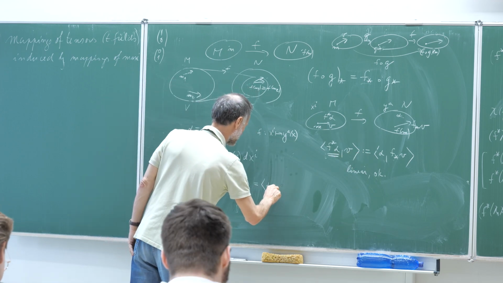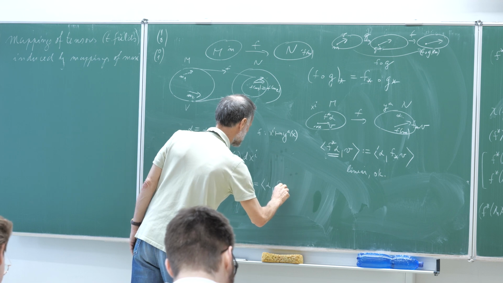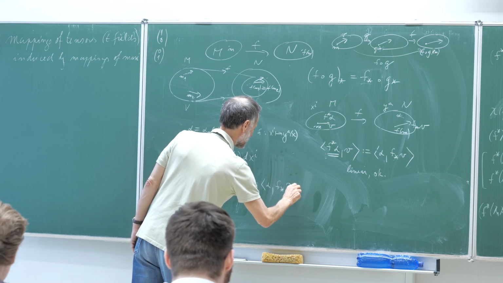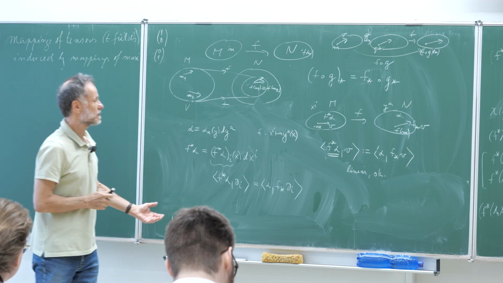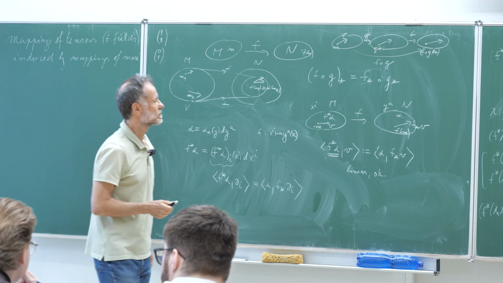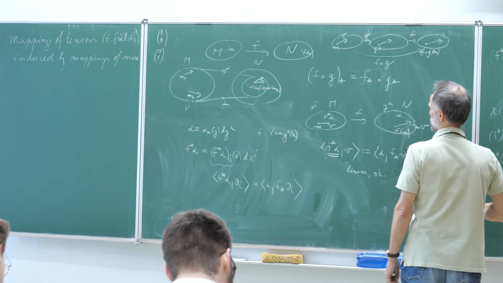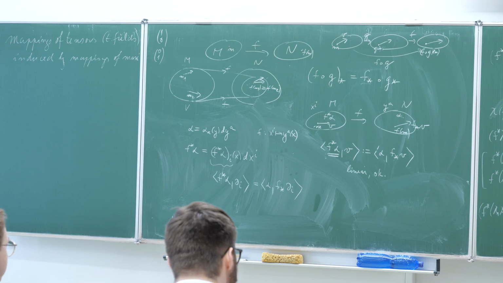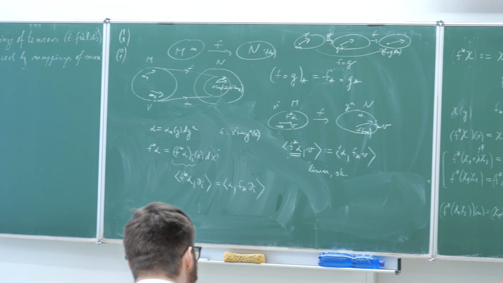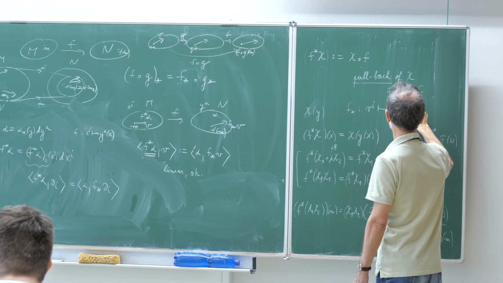It is alpha itself evaluated at the push forward of this. And we had this formula that the push forward takes v^i to the derivative of F^A with respect to x^i times v^i.